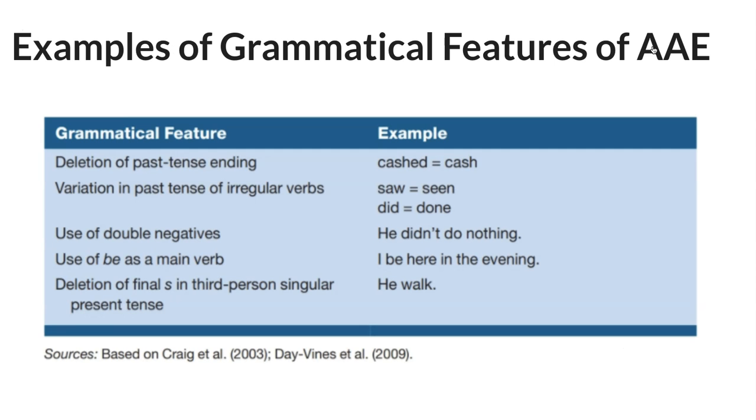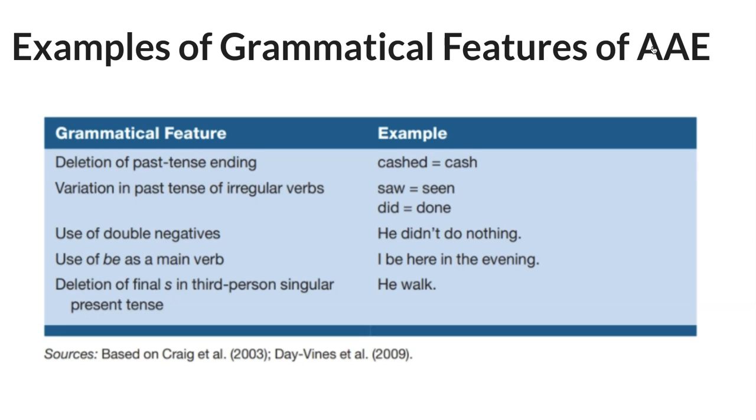I've got these here. We've got deletion of past tense ending. So you can just drop that ed sometimes for past tense, especially if you're obviously talking about the past, right? There's no reason to necessarily also have the ed. Variation in past tense of irregular verbs, right? So just going ahead and changing the irregulars.